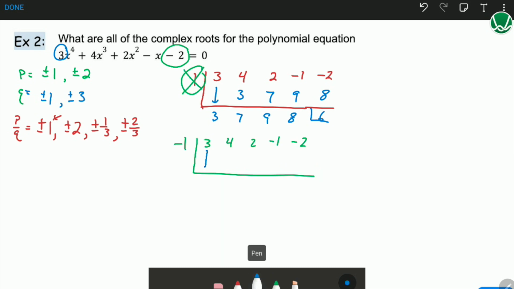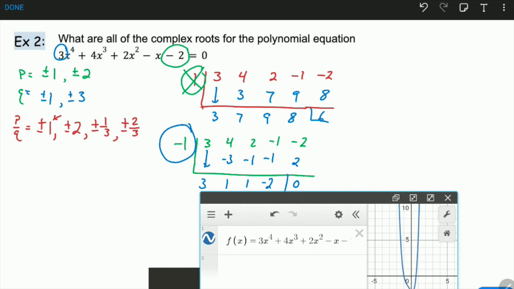Okay, so we'll drop first number down, multiply, add, multiply, add, multiply, add, and multiply and add. Cool. We do get 0 as a remainder, so -1 is indeed one of the roots. We do have to find the other one. -1 could still be a root, but I don't think it actually is in this case.